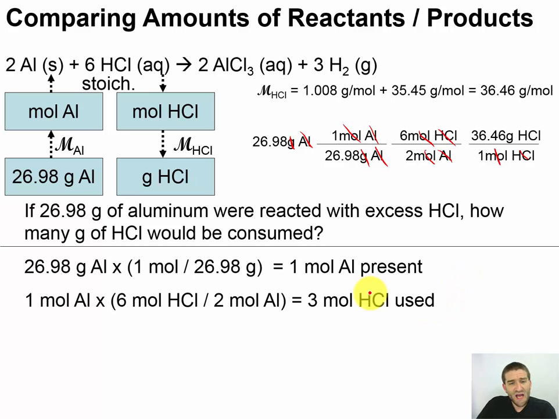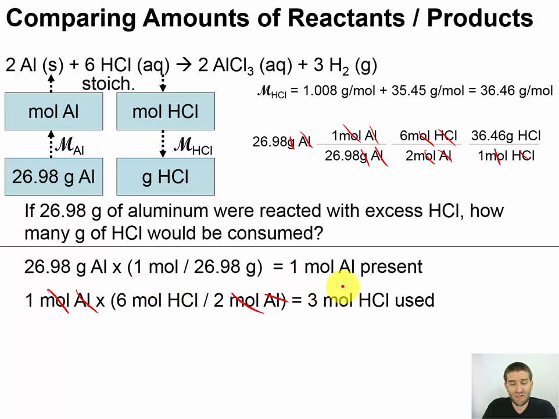Okay. Now we'll do our next piece of the problem. 1 mole of aluminum with 4 sig figs times the 6 moles of HCl divided by 2 moles aluminum. That's just doing the conversion factor. We said we have 2 aluminum to 6 HCl. Moles aluminum cross cancel. I end up with moles HCl used. Again, will be at 4 sig figs because these are both exact values.